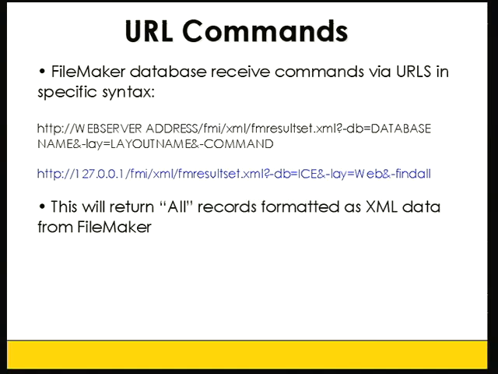Now we're going to talk about the URL commands. If you remember, what we need to do to have the exchange of data is we have a Flash application that can compose and send a URL command over to a database. The database's role is to receive that request, whatever is contained within that request, and then respond back with XML. And then that loop just continues.